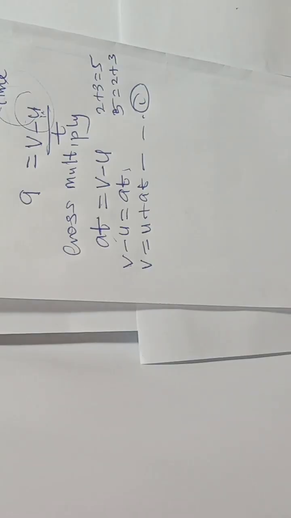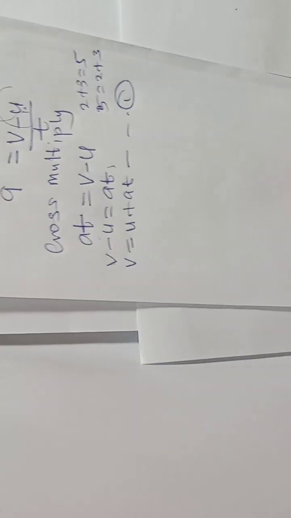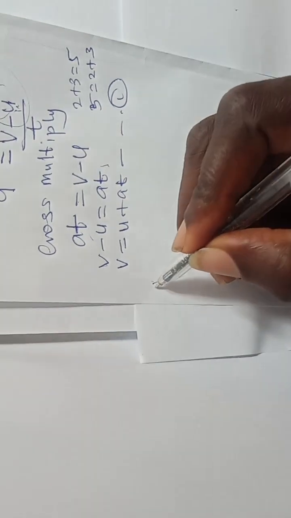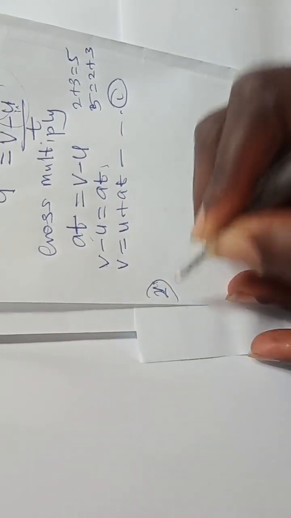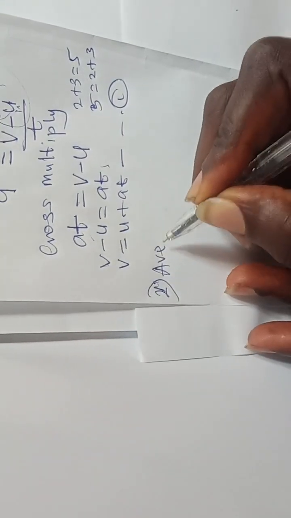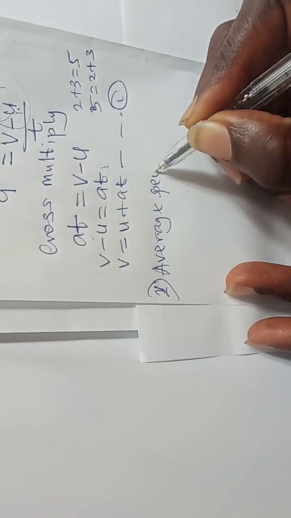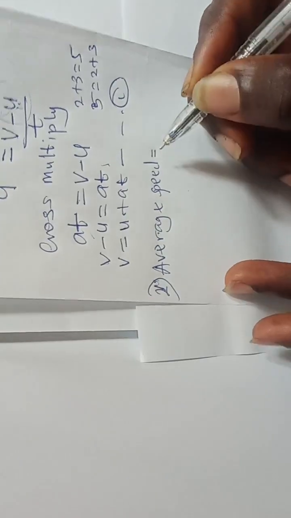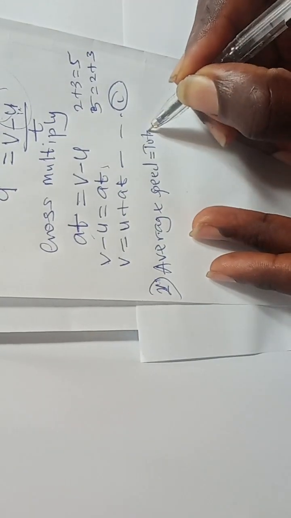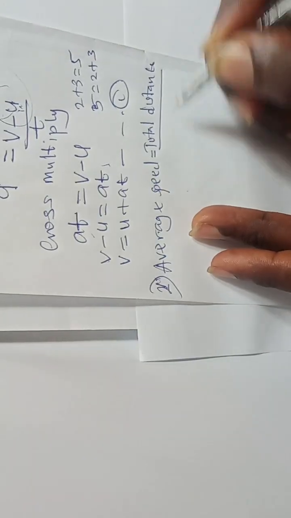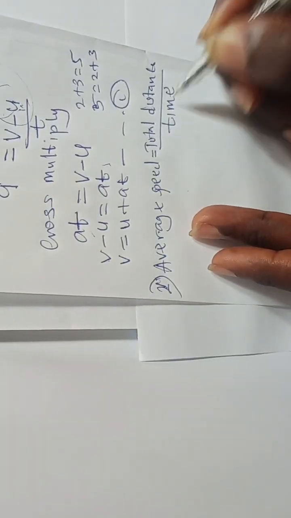So now let's continue. How can we prove the next one? We are going to use average speed. Average speed is equal to total distance over time.